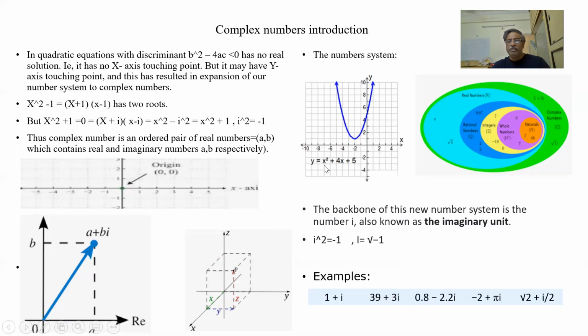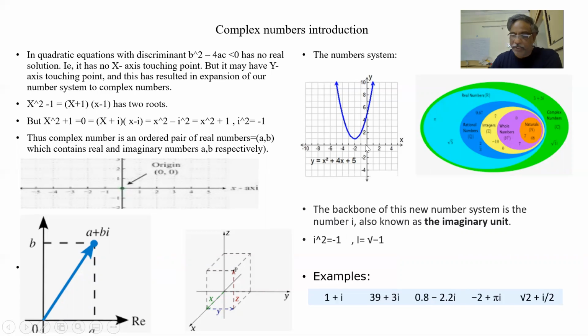So with respect to i, each time I am rotating my axis 90 degrees: i square minus 1, i cubed minus i, i to the power of 4 plus 1. Again the cycle repeats. So every i to the power of 4 we are coming back to the positive x-axis. i, we are going to the y-axis, i square, negative x-axis, i cubed, minus y-axis.